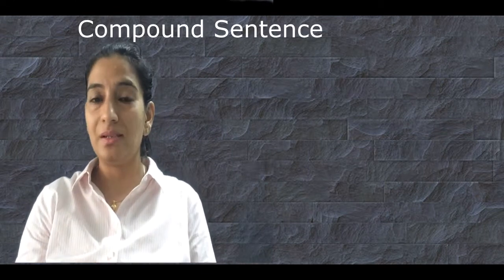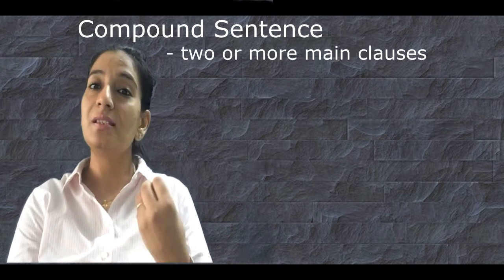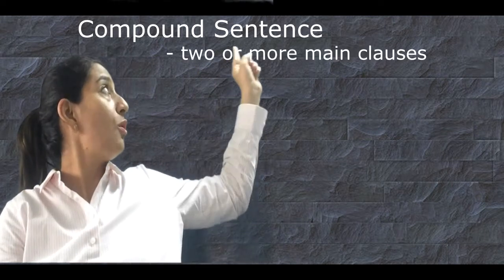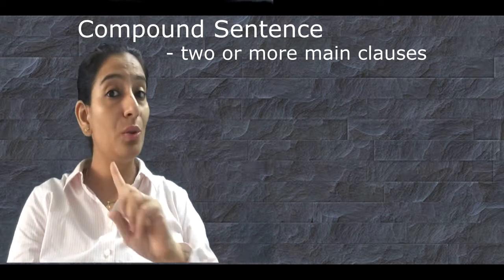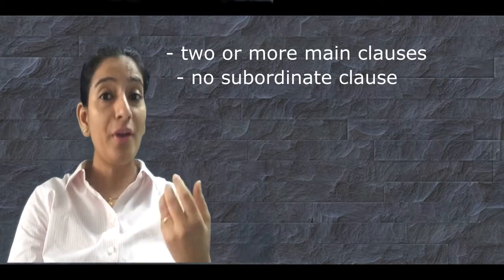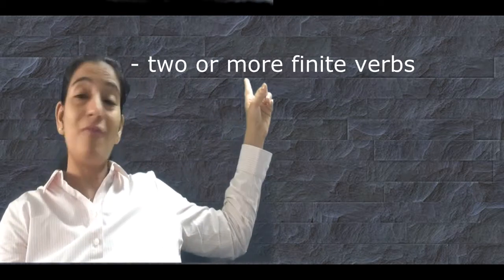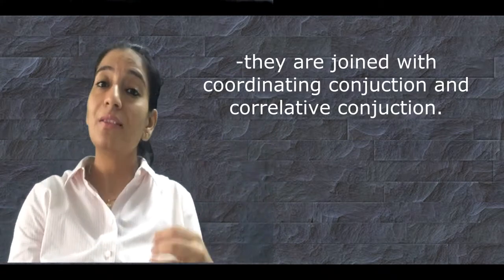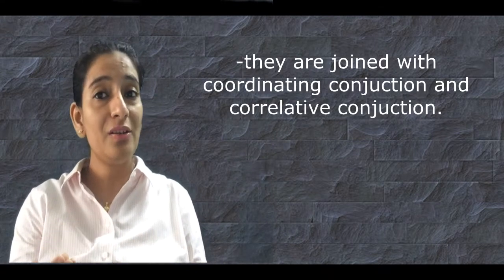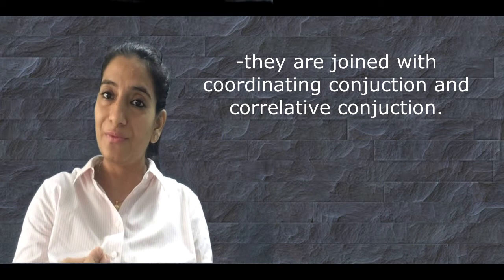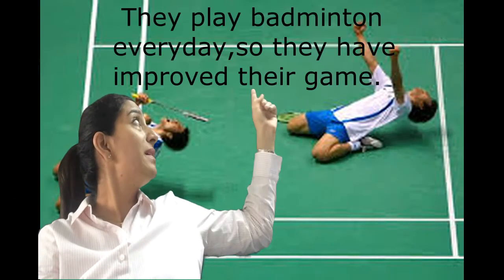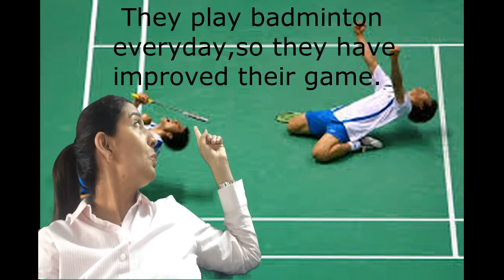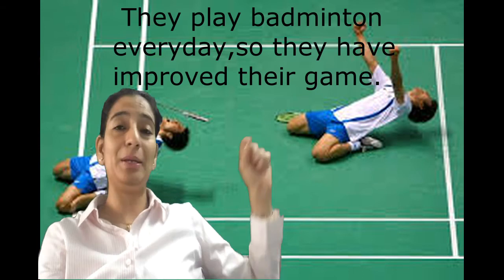Now coming back to the topic, what is a compound sentence? A compound sentence is a sentence which has two or more main clauses, no subordinate clause, therefore two or more finite verbs, and they are joined with a coordinating conjunction or a correlative conjunction. They play badminton every day, so they have improved their game.